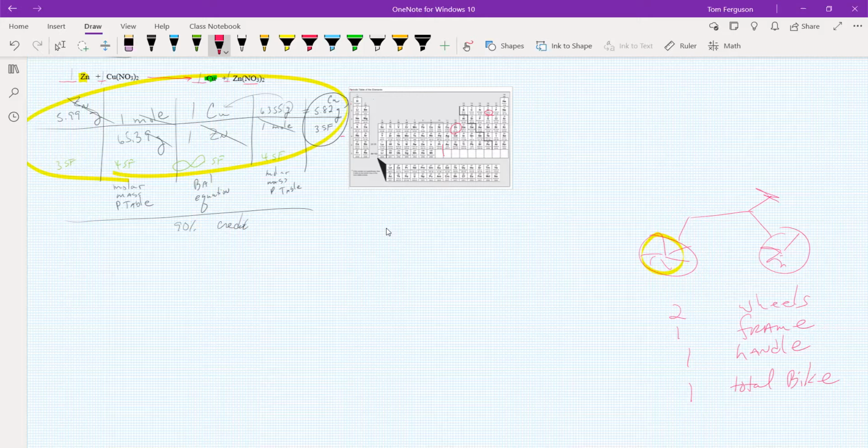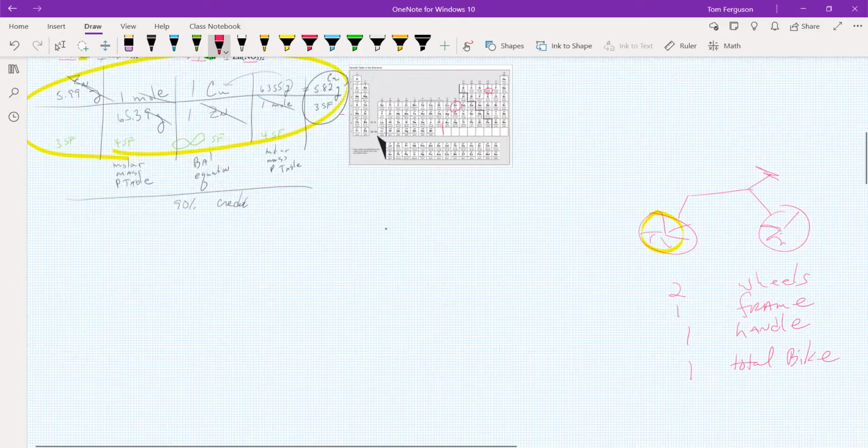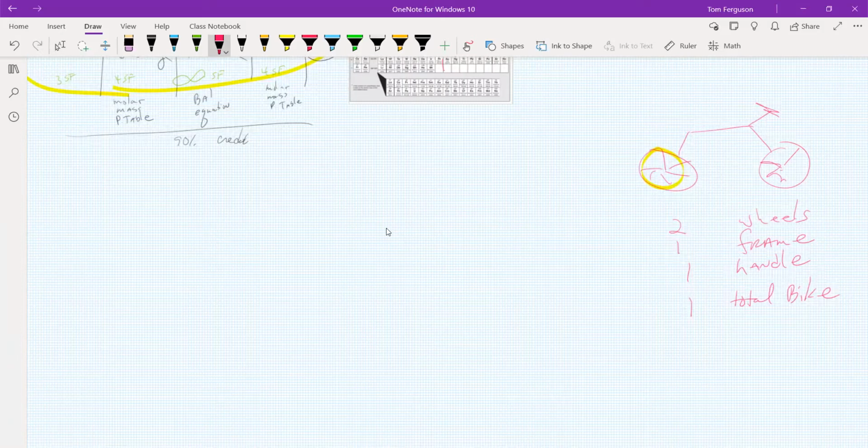So that is kind of our equation. Let's call these W's, F's, H's, and V's. So we have 2 wheels plus 1 frame plus 1 handle gives us 1 bike.